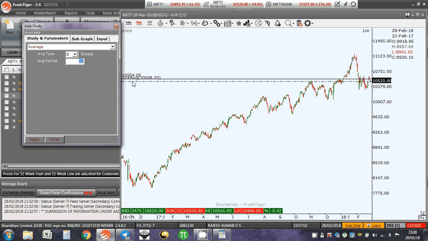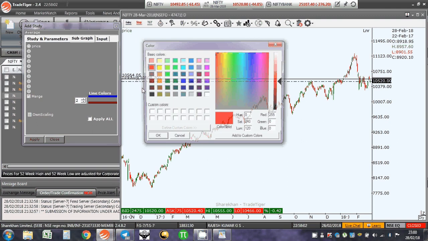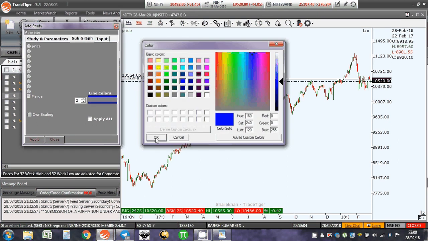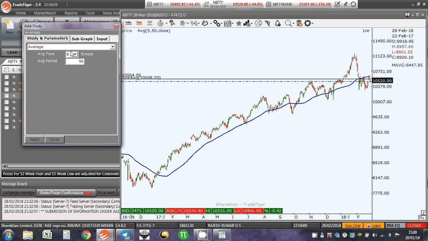Simple and 50. We'll use the same colors. So once you use the same colors, then in any chart, any pattern, you'll know that the lower EMA is crossing the higher EMA, and you will find it easy.